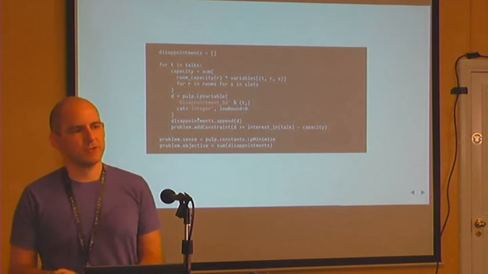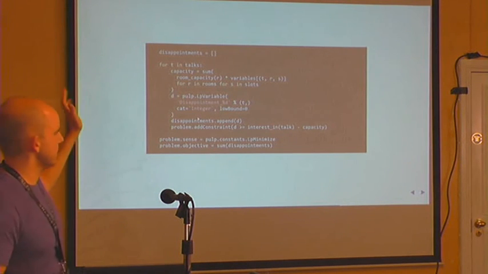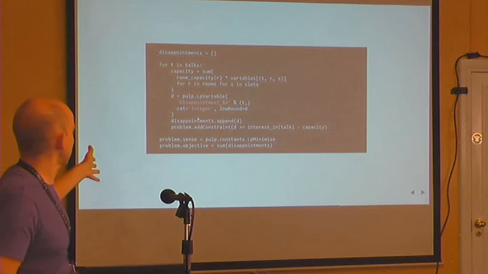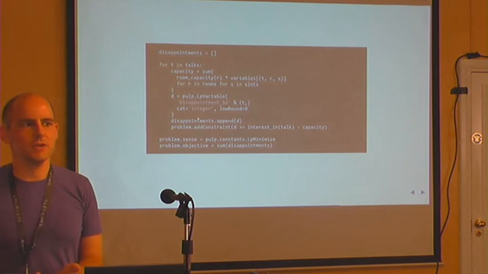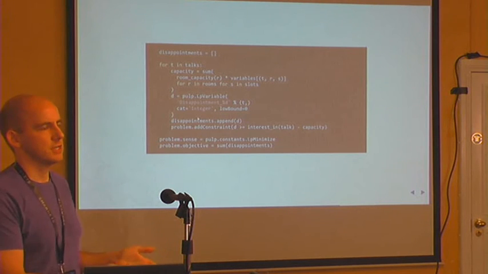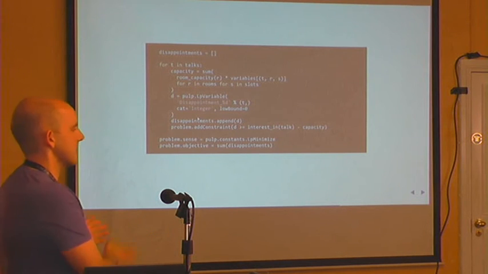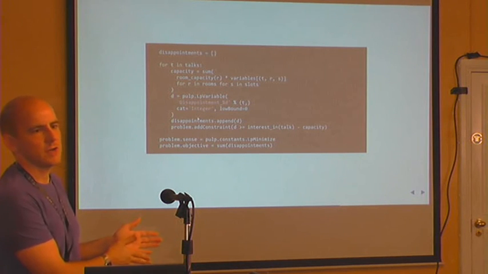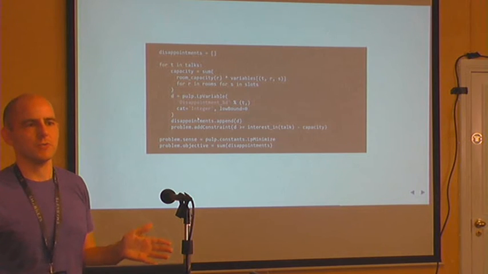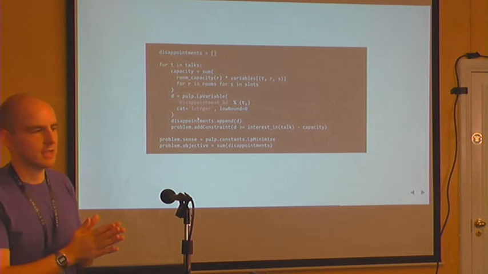Which is why we introduced this auxiliary variable, an integer number of people, which is always greater than or equal to 0, and always greater than or equal to this difference. So if a negative number of people would be disappointed, it's capped below at 0, but otherwise it's greater than or equal to the demand that couldn't be accommodated.